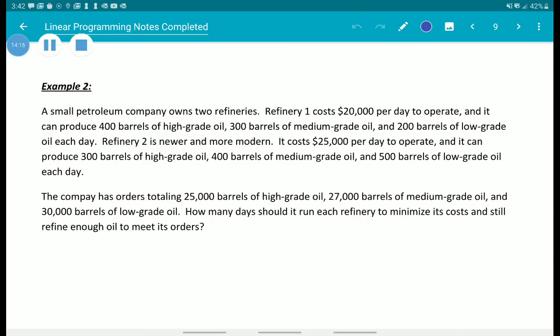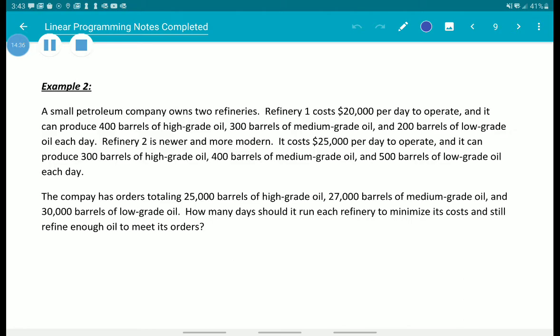So let's read through this one together. A small petroleum company owns 2 refineries. Refinery 1 costs $20,000 per day to operate, and it can produce 400 barrels of high-grade oil, 300 barrels of medium-grade, and 200 barrels of low-grade oil each day. Refinery 2 is newer and more modern.